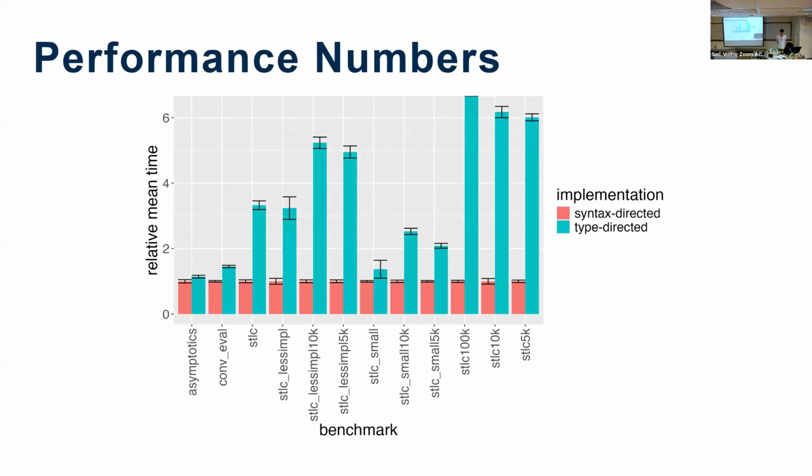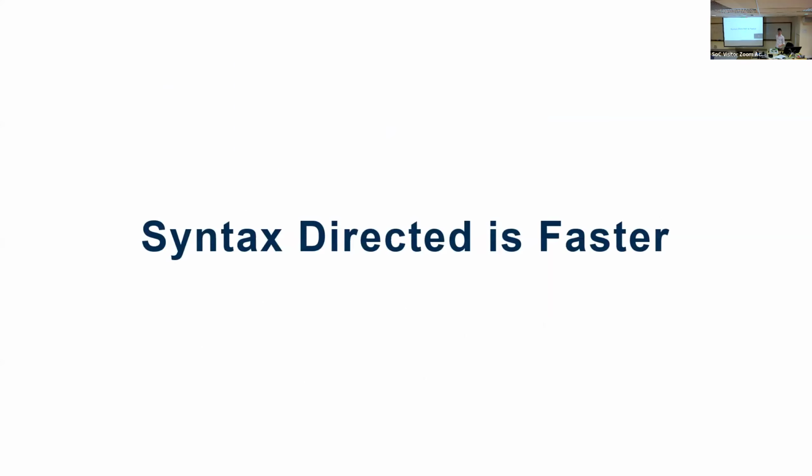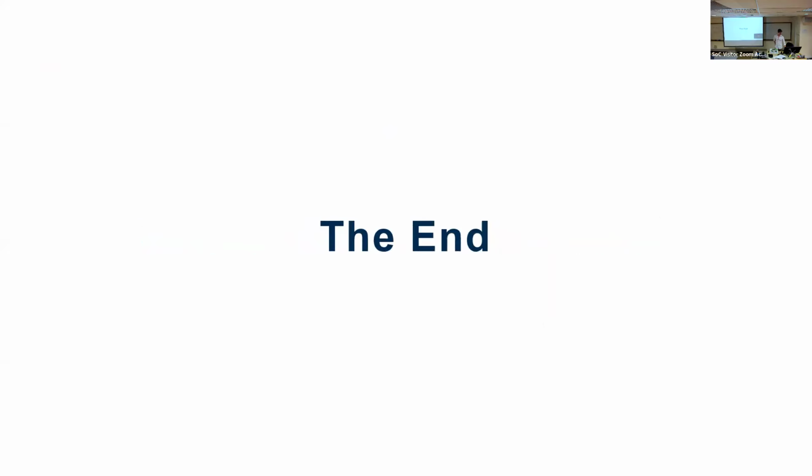So these are the performance numbers. We have the syntax-directed algorithm normalized to 1 in red, and then the type-directed algorithm in blue. And definitively, from these, you can see that syntax-directed is faster. 100%, right? The end. Good job. All right, we're done with the presentation.